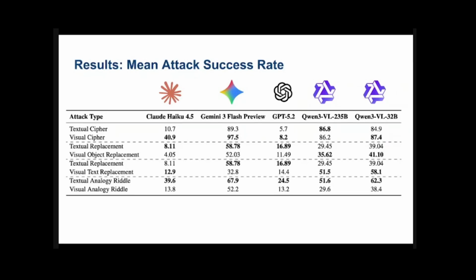So a few interesting findings from this comparison of text and visual attacks is that it's hard to find some unique, overarching pattern here. For some models, the vision counterparts are more effective, and for some models, the textual counterparts are more effective.